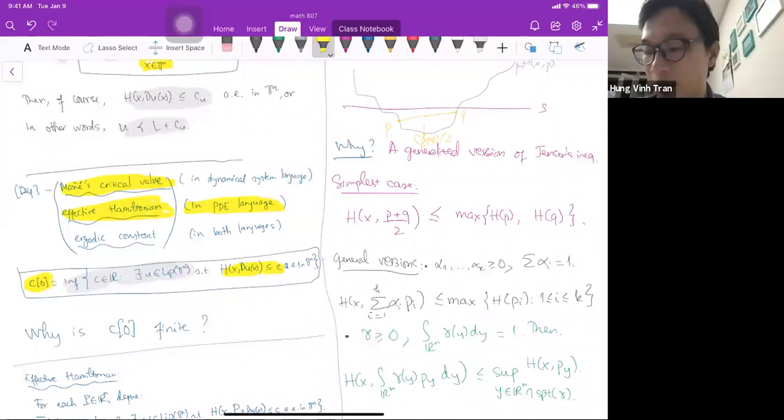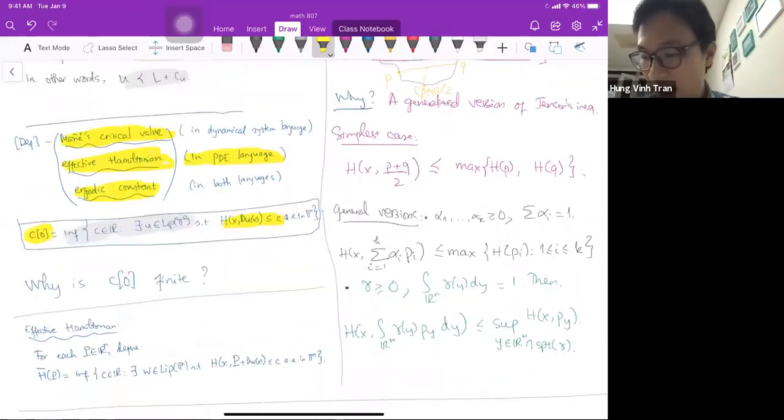So they define that one to be the effective Hamiltonian, and in both languages there's another notion called the ergodic constant, that whatever. It's defined to be just the ergodic constant.